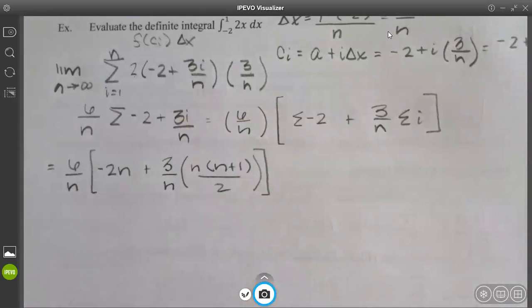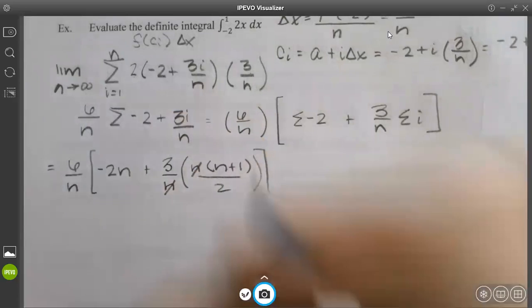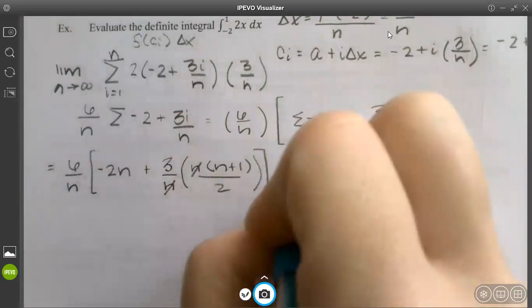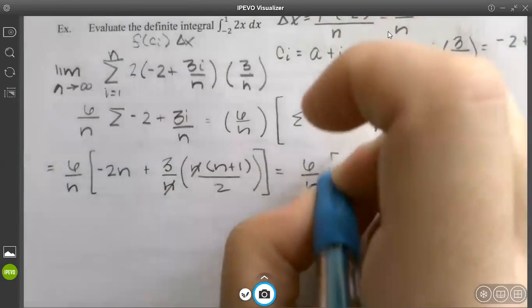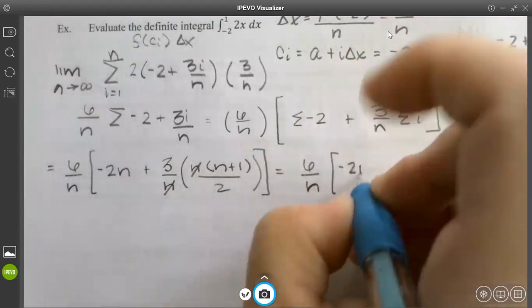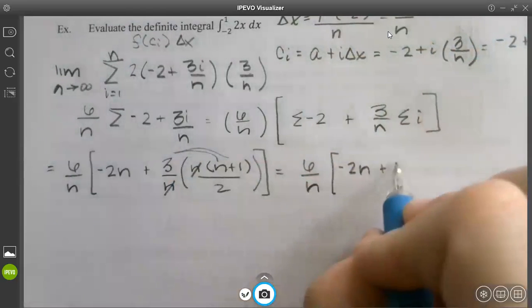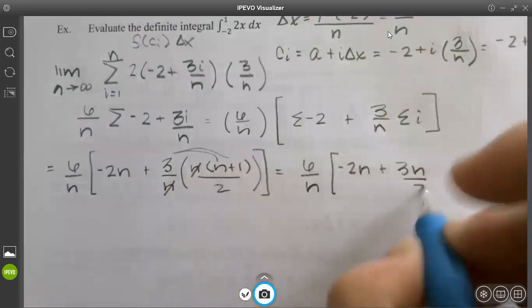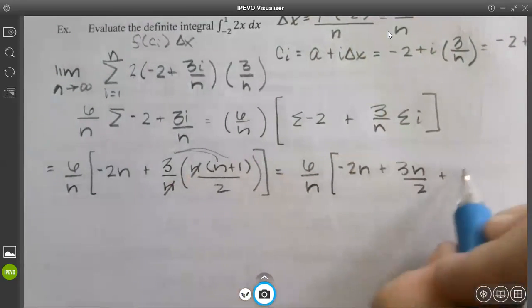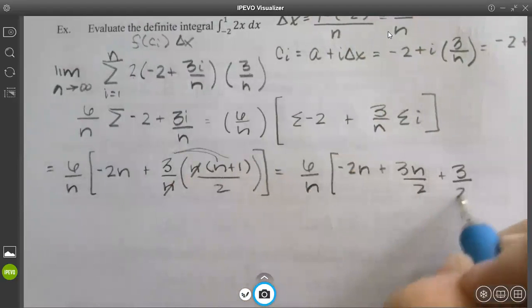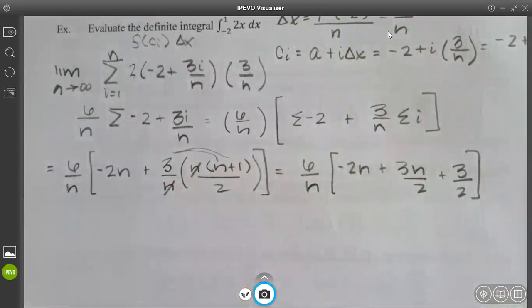So we're going to keep simplifying. What can I do? I'm going to take out this n. I'm going to go ahead and distribute. So I have 6 over n. Leave that one alone for a minute. -2n plus 3n over 2 plus 3 over 2.